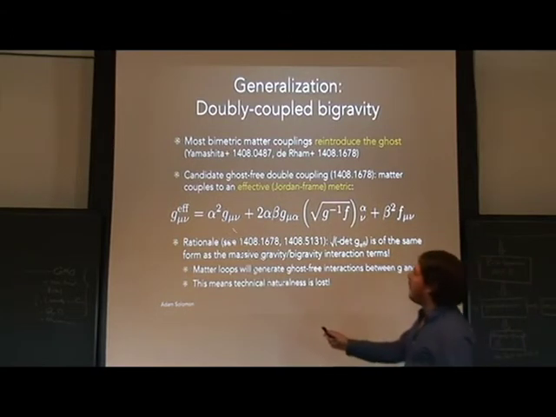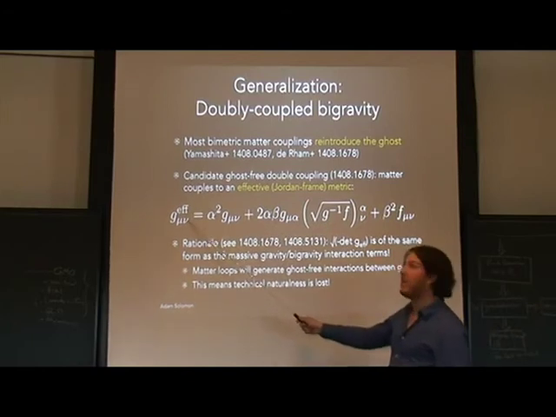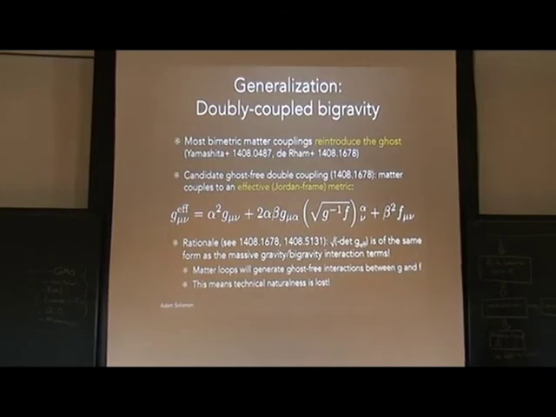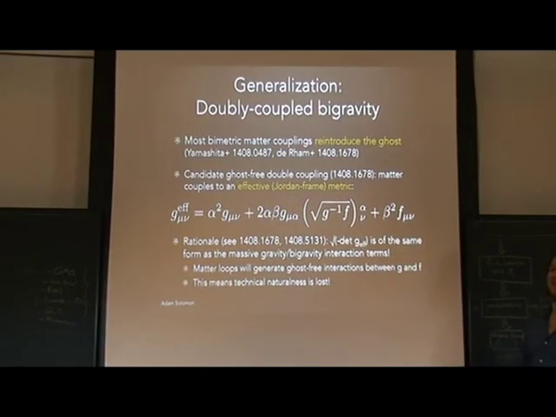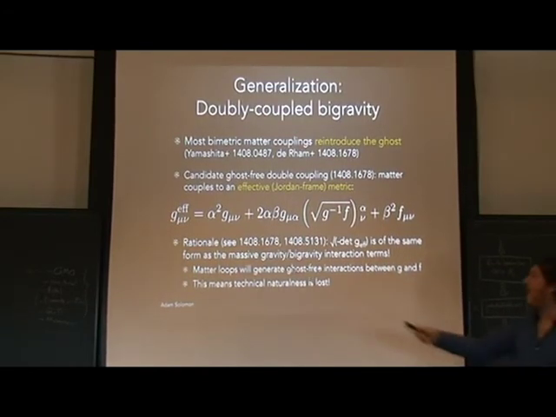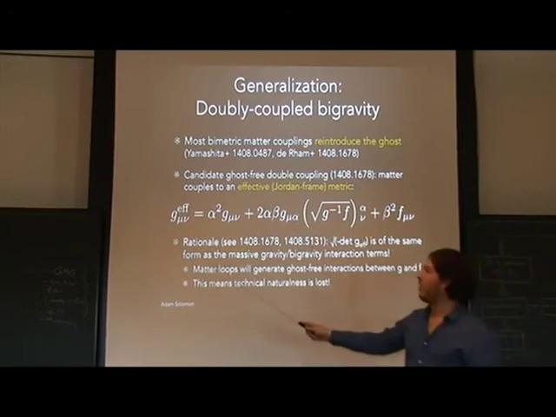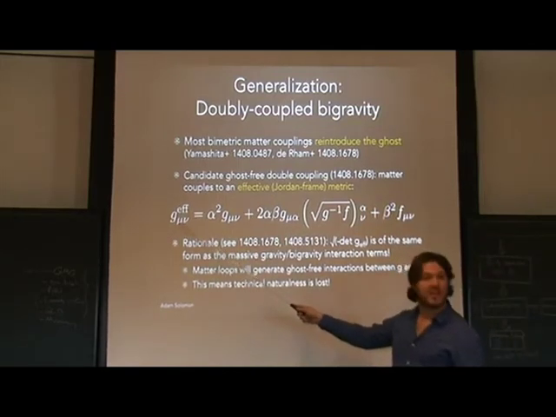The idea would be to couple matter minimally to an effective metric, which has this kind of interesting form. This makes more sense in Vielbein language. The Vielbein of this metric is this linear combination of the G and F Vielbeins. There's a nice rationale for this, which is that matter loops would generate a term that looks like the square root of the determinant of this metric.